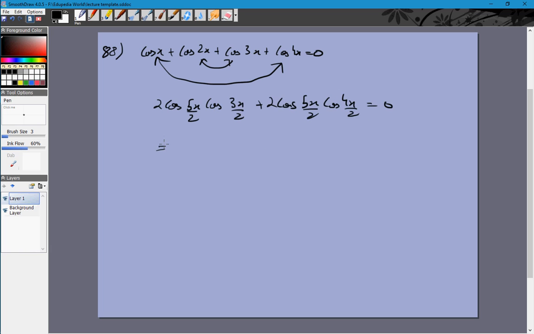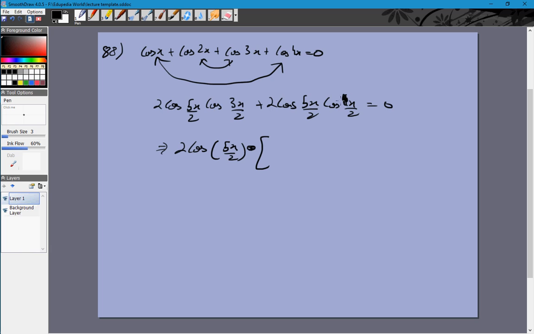0. Now we can take 2 cos of 5x by 2 into cos 3x by 2 plus cos, this is x by 2, sorry. 1 plus 4 is 5, 4 minus 1 is 3.